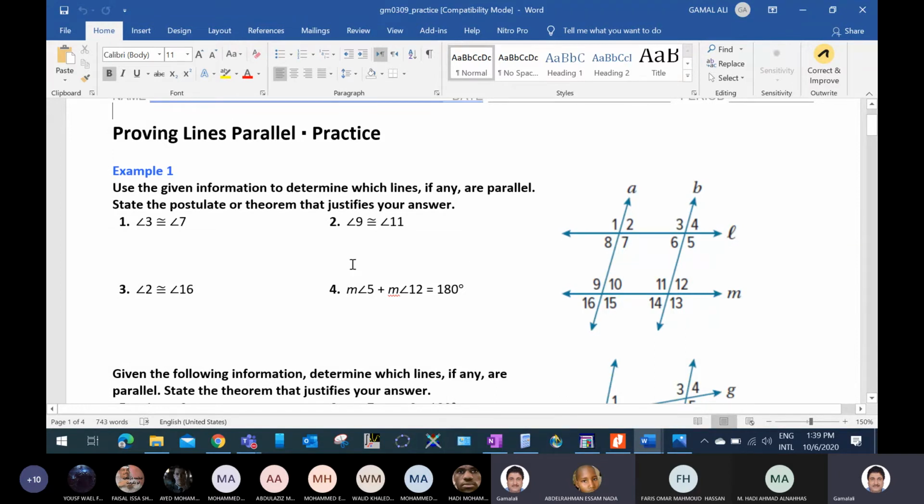Question number 2. Riyadh, 9 and 11. Think again.